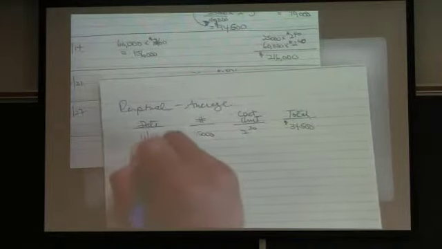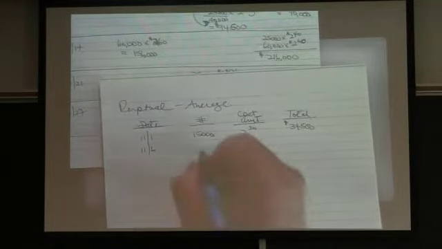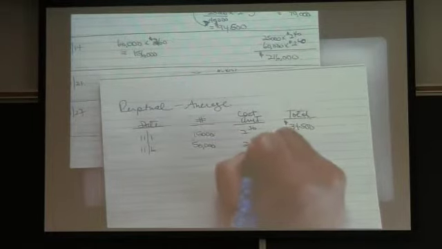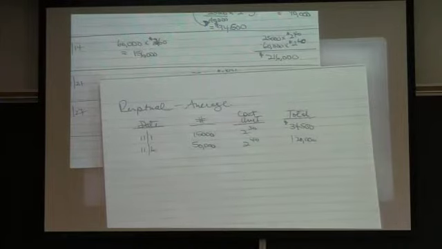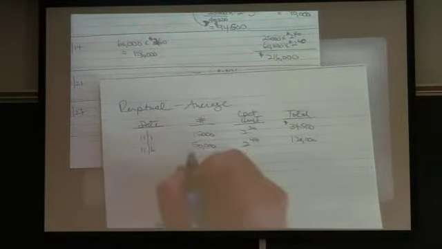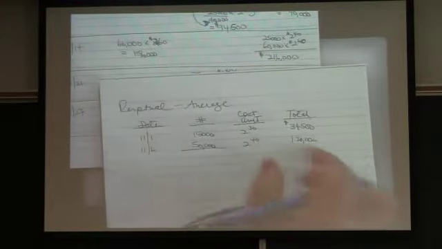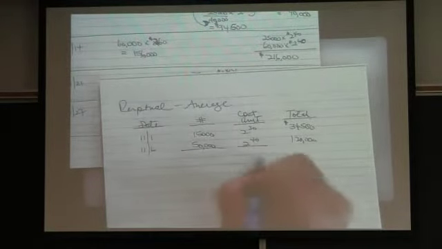Now, we had a purchase of 50,000 units at $2.40. That gives me 120,000. Whenever there's a purchase and sale using perpetual average, we're going to calculate the new average cost.